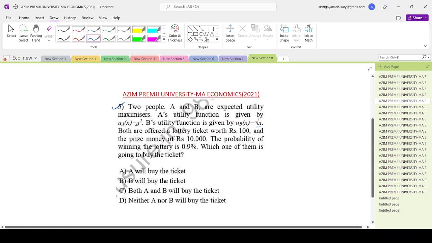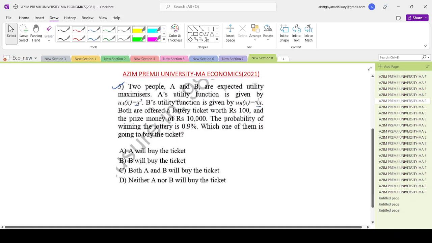Both are offered a lottery ticket worth rupees 100 and the prize money of rupees 10,000. The probability of winning the lottery is 0.9%. Which one of them is going to buy the ticket? A will buy, B will buy, both will buy, or neither will buy.